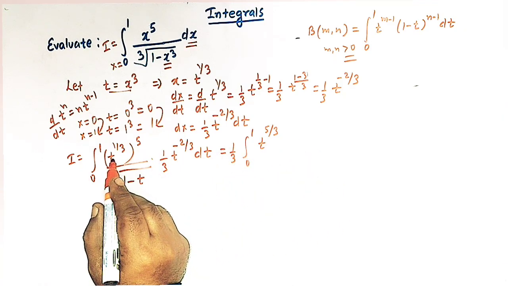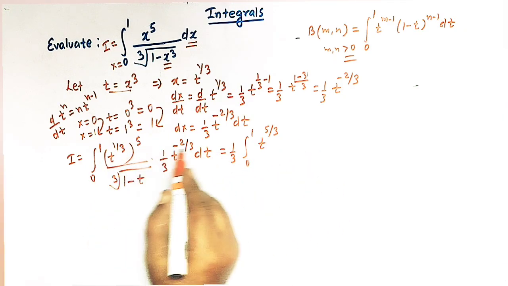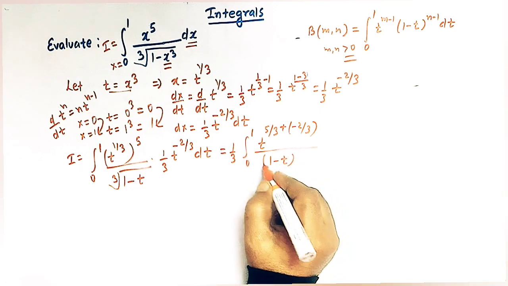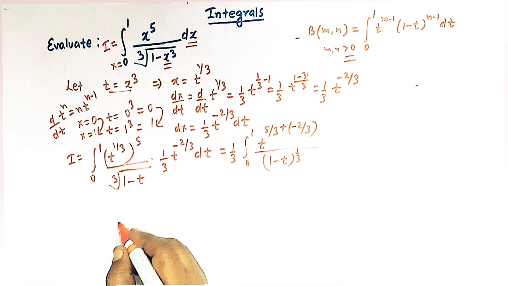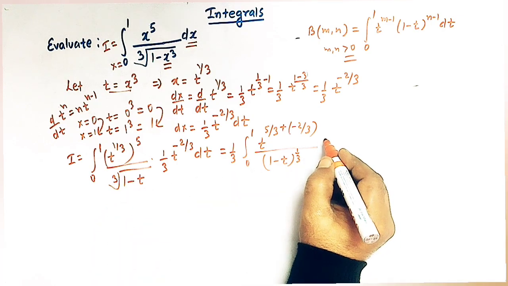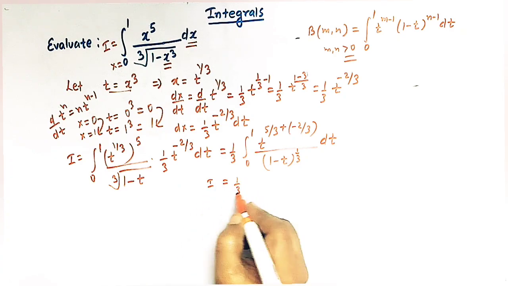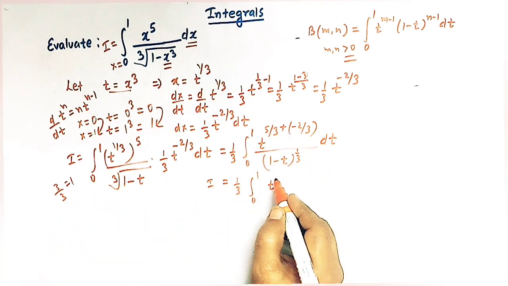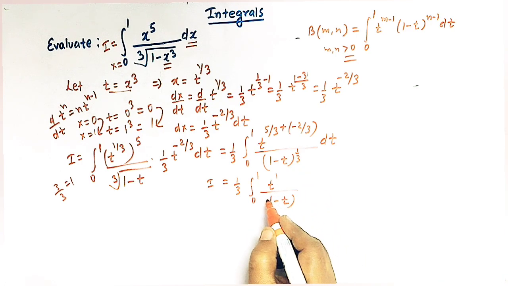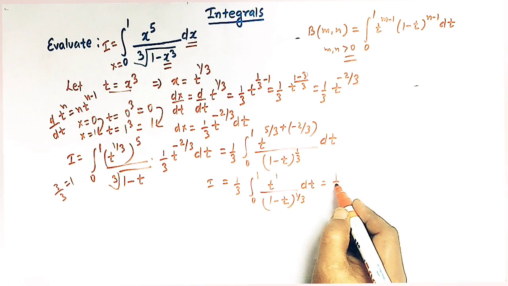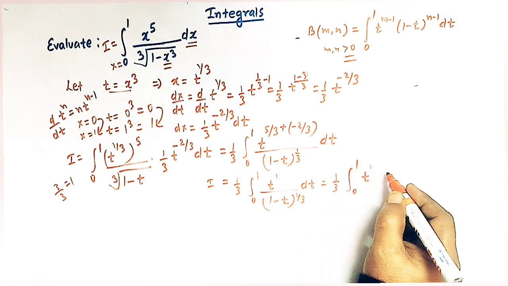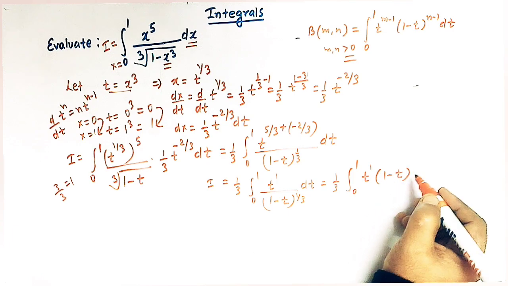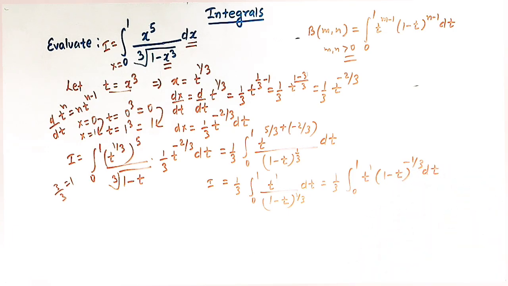We can use the laws of exponents to add these two, and in the denominator we have 1 minus t raised to 1 over 3, because this is the cube root of 1 minus t. So I is equal to 1 over 3 times the integral from 0 to 1 of t raised to 5 minus 2 over 3, and 3 over 3 is 1, so t raised to 1, divided by 1 minus t raised to 1 over 3 dt. Now we can take 1 minus t raised to 1 by 3 to the numerator, giving 1 minus t raised to minus 1 by 3 dt.